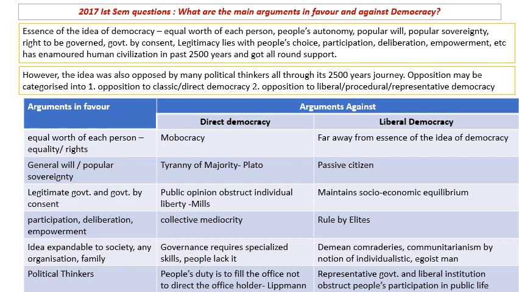It demeans camaraderie or communitarianism by the notion of an individualistic, egoist man with the essence of libertarian thought. And representative government and liberal institutions obstruct people's participation in public life. So an argument in favor is very obvious, that the essence of the idea of democracy is praiseworthy. Nobody can say that it's not to be adopted.